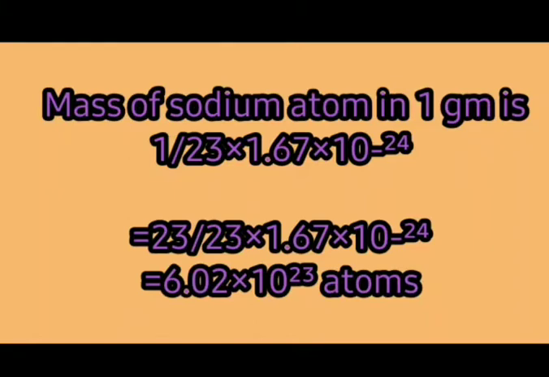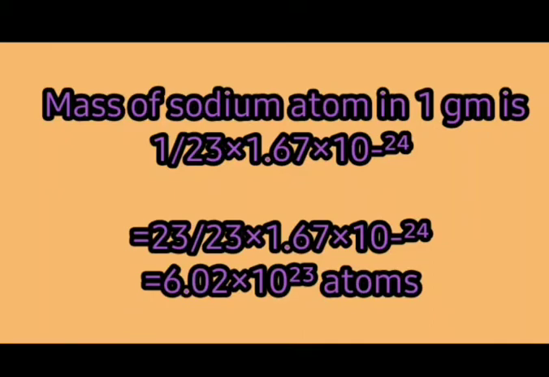So the mass of one sodium atom equals 23 into the mass of one hydrogen atom, 1.67 into 10 to the power minus 24. So the number of sodium atoms in 1 gram equals 1 by 23 into 1.67 into 10 to the power minus 24 gram.